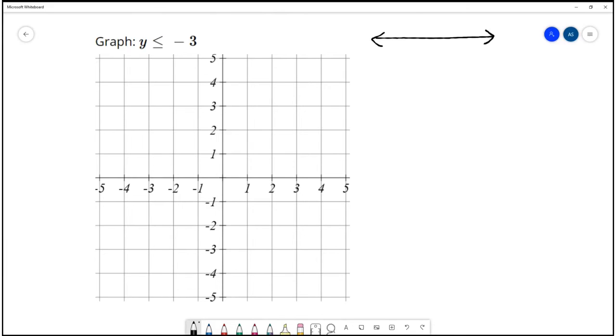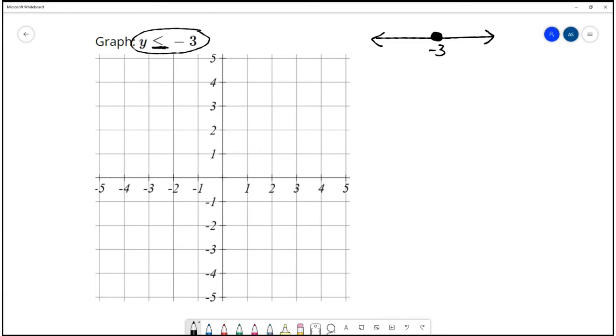If we were graphing this y is less than or equal to -3 on a real number line, we would mark -3 with a filled-in circle. And the reason we mark a filled-in circle is because we have the equal to symbol, and so that point is included in the solution set.